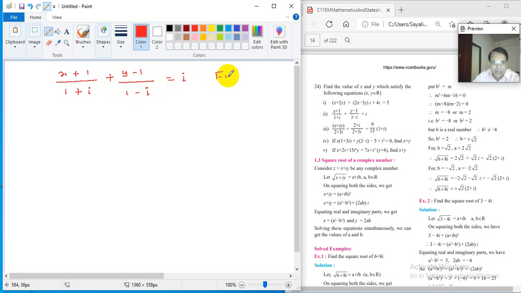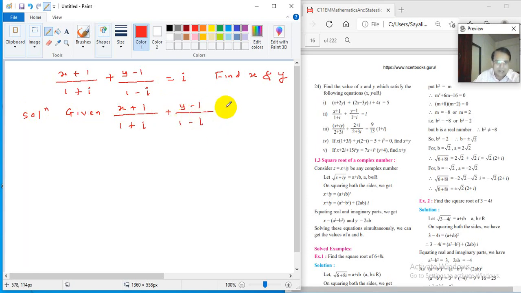Find x and y. This is the problem. What to do now here? So the solution: given x plus 1 upon 1 plus i, then plus y minus 1 upon 1 minus i is equal to i.